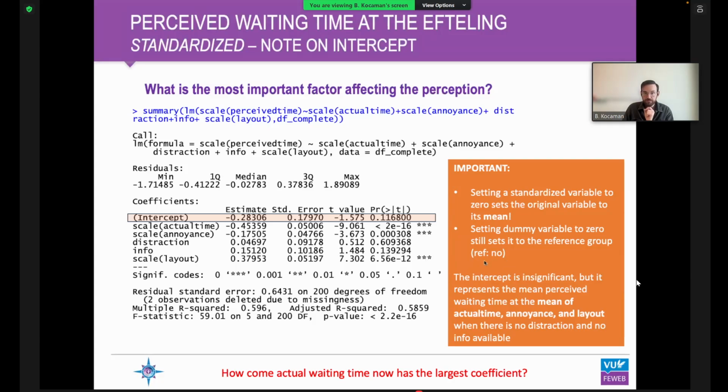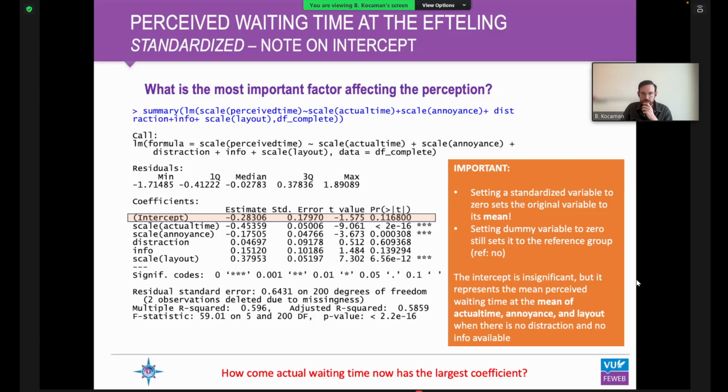In this case, the reference group is no. So there is no distraction and no information. Once we combine this information of what it means that all of the IVs are 0, we get to the true meaning of the intercept in this context. It means the mean perceived waiting time at mean of actual time, annoyance, and layout when there is no distraction and no information available.